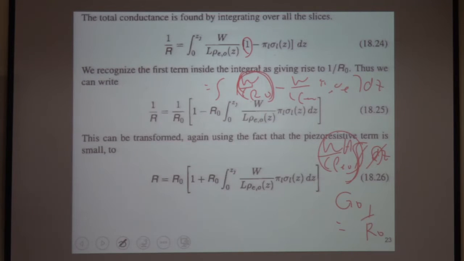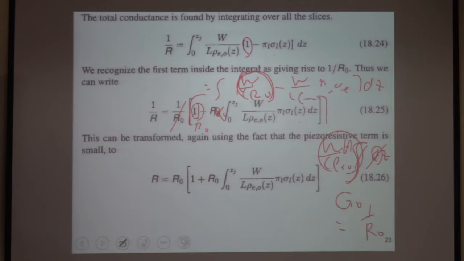That's why we have 1 over R0 as the first term. If this one is inside, we don't have this parenthesis, but when you move it outside, then we have this parenthesis. This becomes 1. You moved R0 out, so you need to put R0 back. Okay, that's why we got this one.